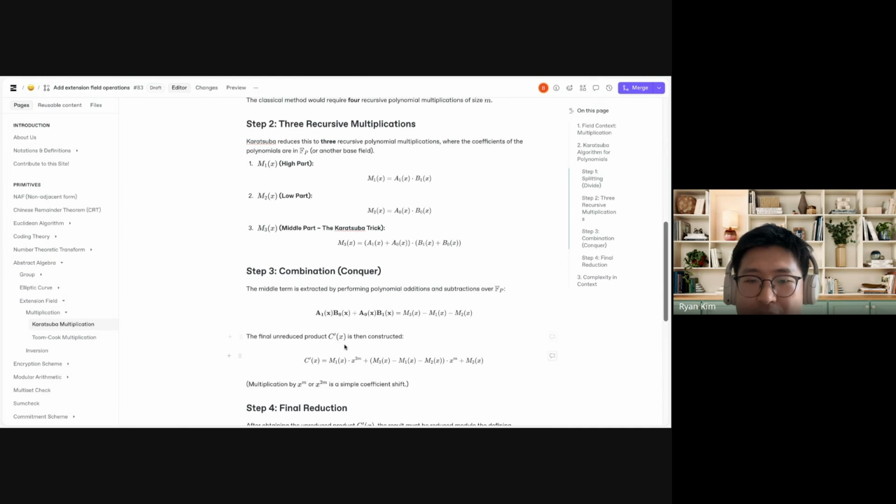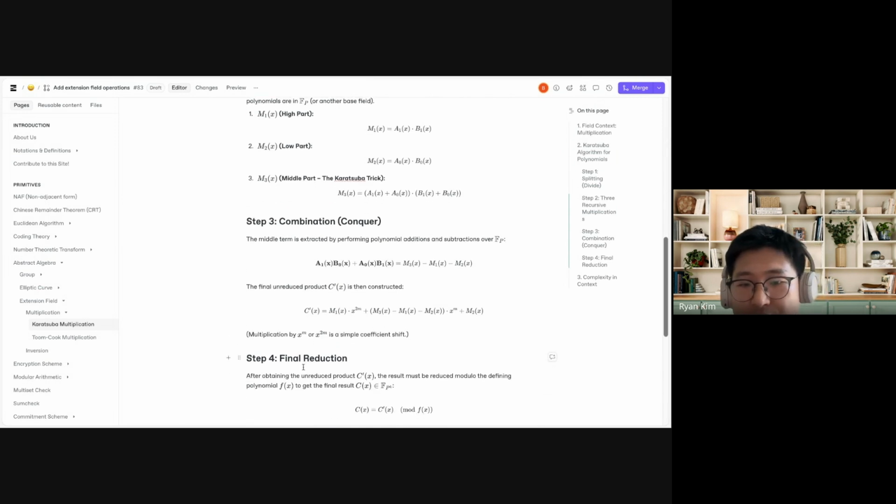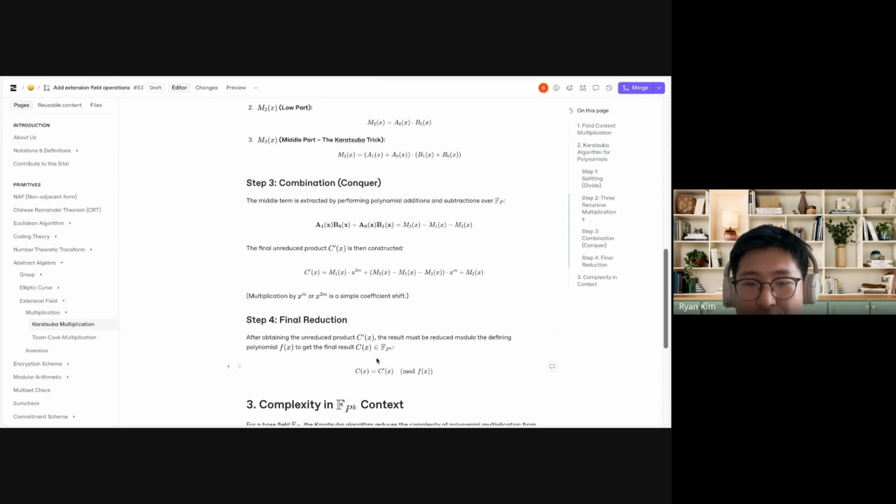Then C prime of x will be reconstructed like this, as I mentioned earlier. The last step is the final reduction. For an extension field like this, you typically just replace x to the power m with xi or beta, the quadratic non-residue, and then it's done.